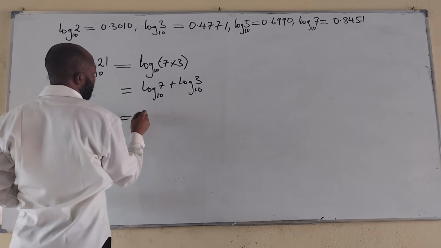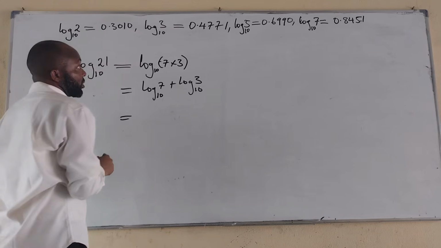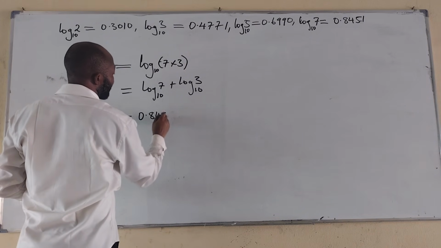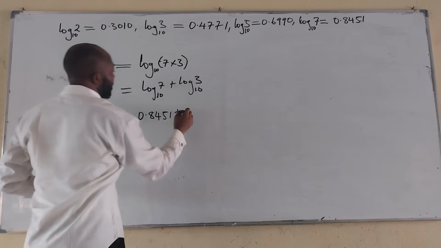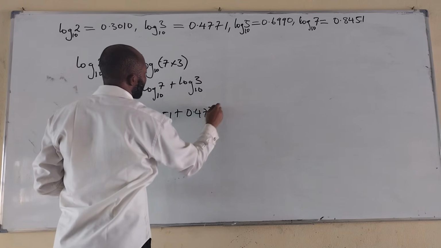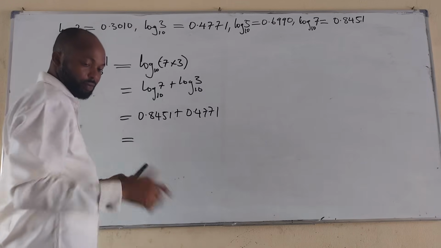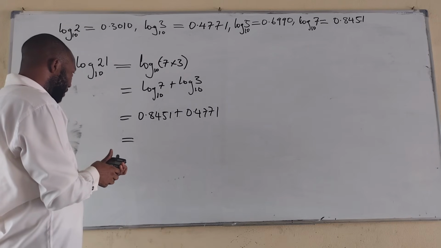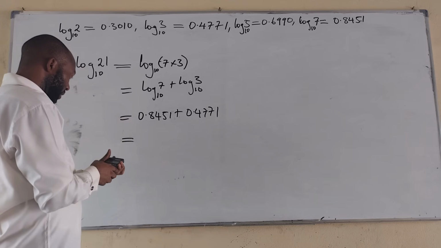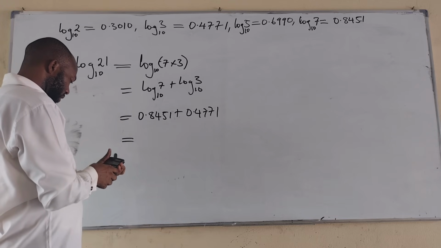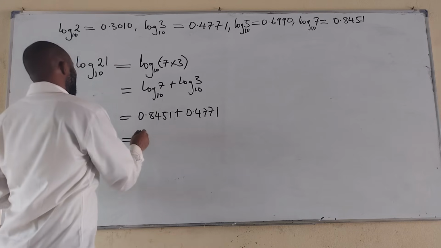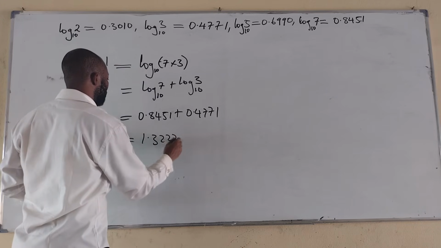So log 7 is 0.8451 plus log 3, which is 0.4771, and this is equal to 1.3222.